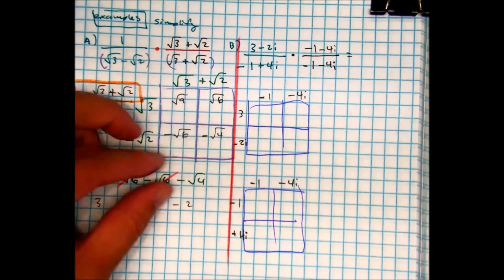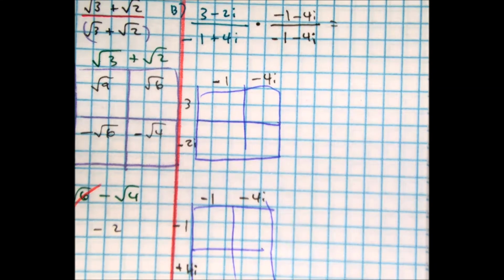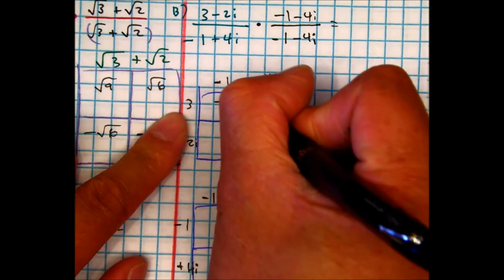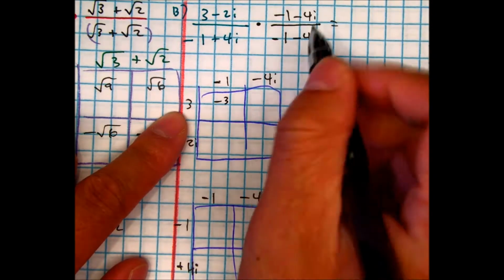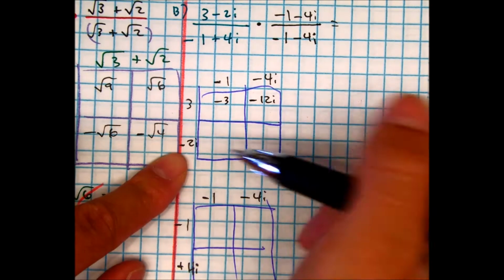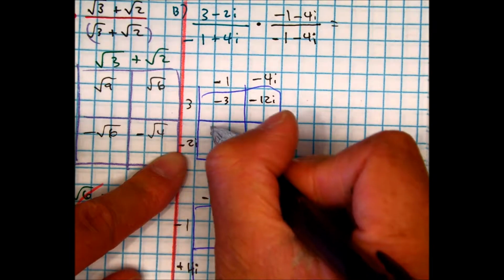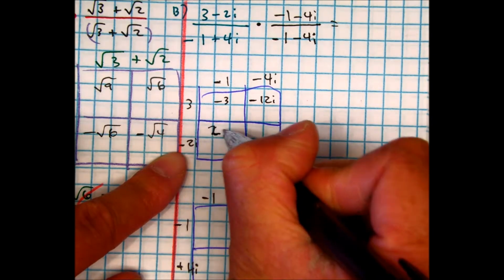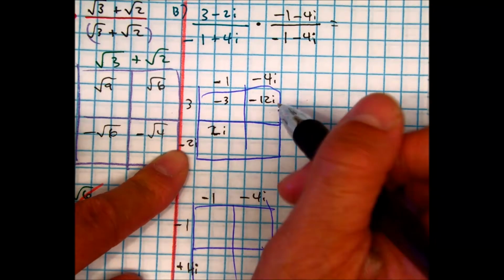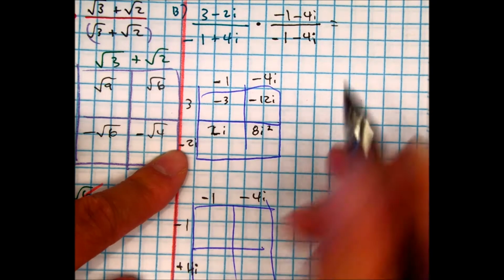Let's go ahead and multiply. Three times negative 1. 3 times negative 4i. Negative 1 times negative 2i. And negative 2i times negative 4i. 8i squared.